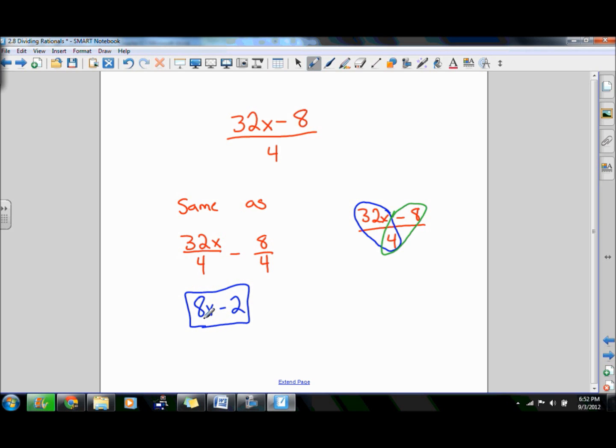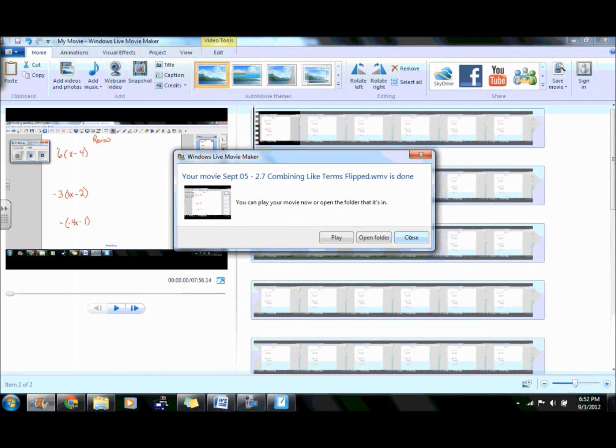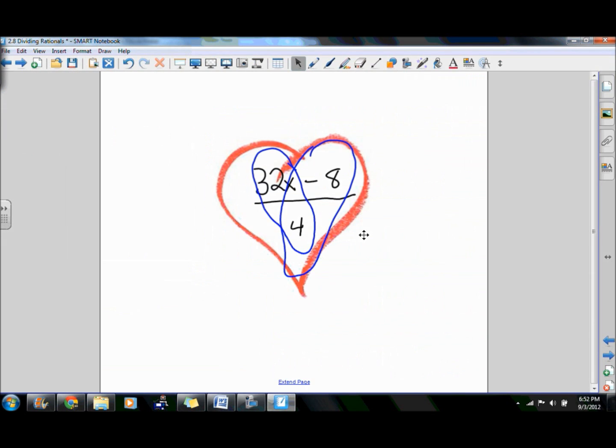So we turned a very ugly looking fraction problem into a nice easy problem. We call it the heart method because it's drawn just like a heart. There's one piece, there's the other piece. Okay, whoa, that is horrible.